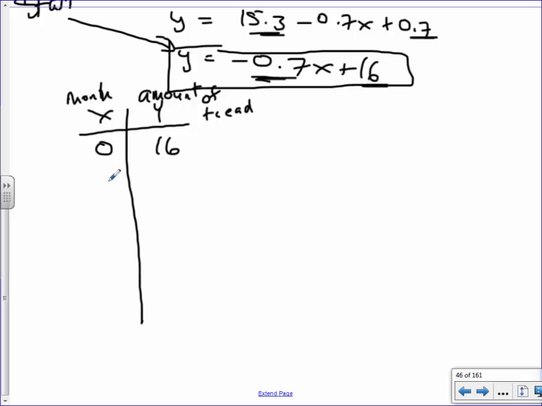After, keyword here, after 1 month, you're down to 15.3. I should point out, that was T1, by the way, because T1 is after 1 month. Not before you start, but after you've done the month. Just keep the pattern going then. So month 2, month 3, month 4, month 5, just keep subtracting 0.7.